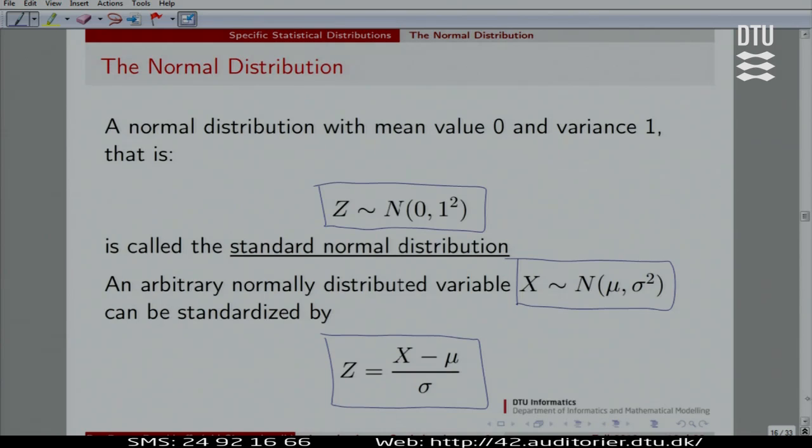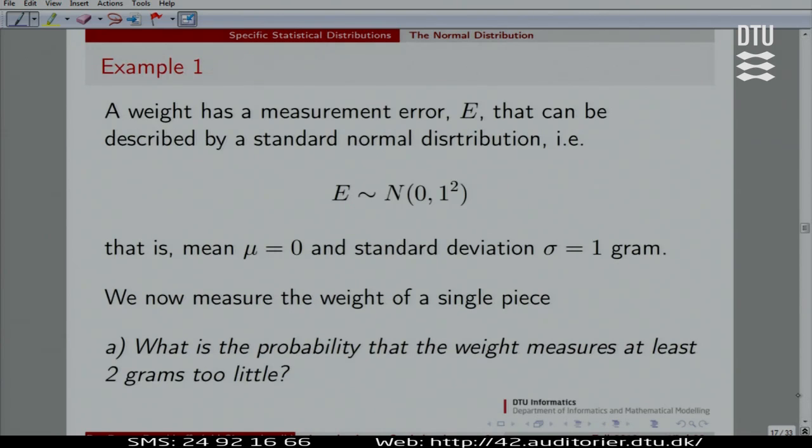Let's do one example. We take the thing about the intelligence at the end, just to have you teased up a bit about that one. Normal distribution appears a lot out there in real life situations.